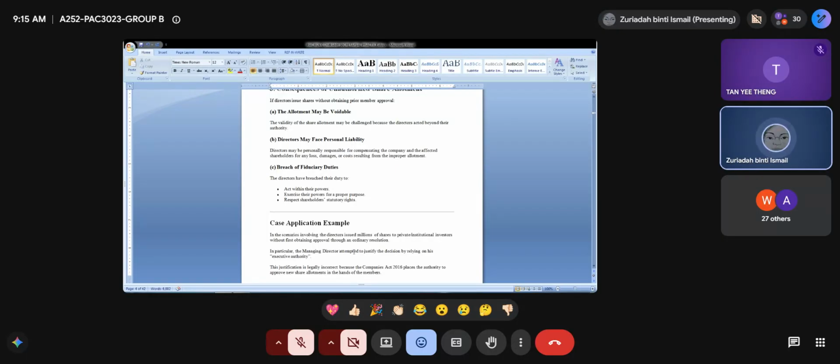they are going to justify their decision, but this justification is legally incorrect. Why? Whatever justification has been given by the managing director, they are not complying with the power of approval, which lies in the hands of shareholders.